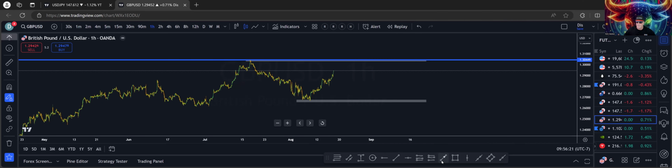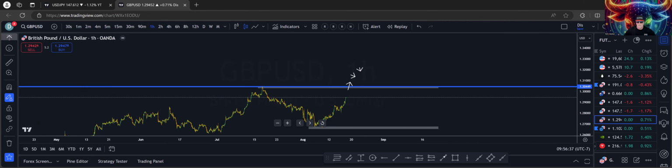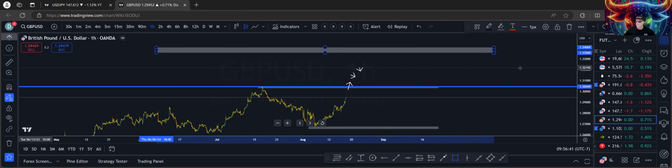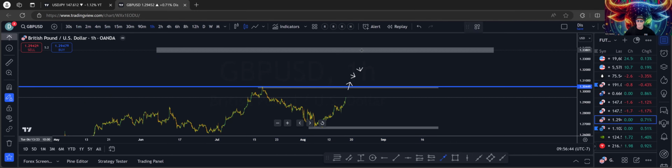How about this? If price goes above here and then keeps going above me, I'm just going to take another position. And then I'm going to look for a high over here to take another position. Or maybe three or four positions to compensate for this terrible trade.